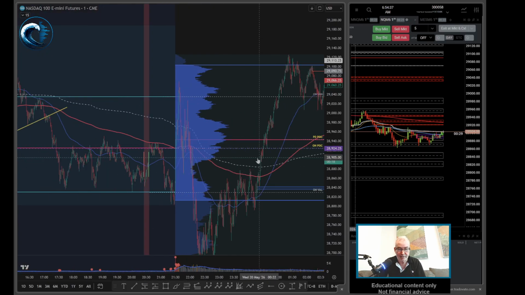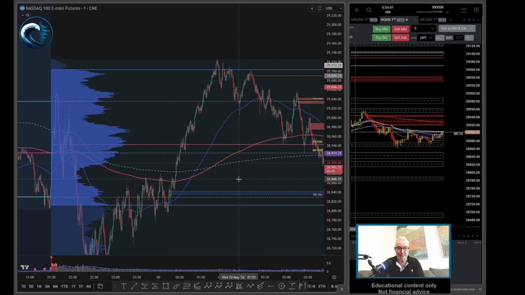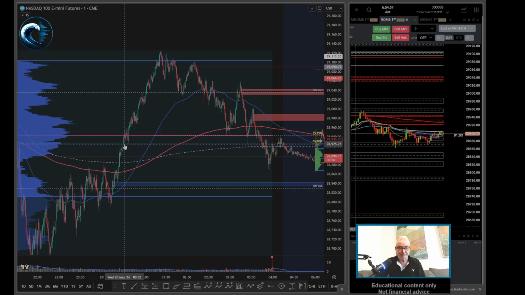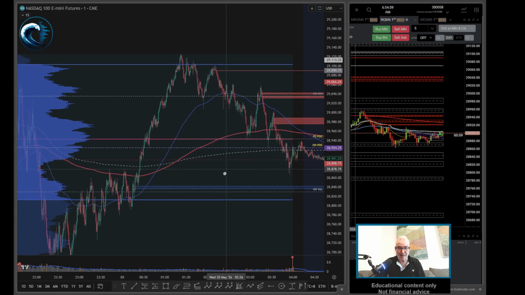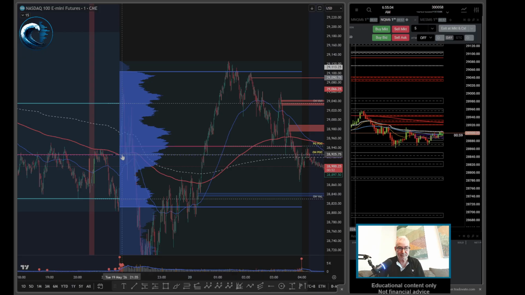Oh yeah, so that's the point of contact for overnight. It's bouncing. Even if you had been stopped out somewhere down here, what's the market doing? You had that extra entry point on the overnight.